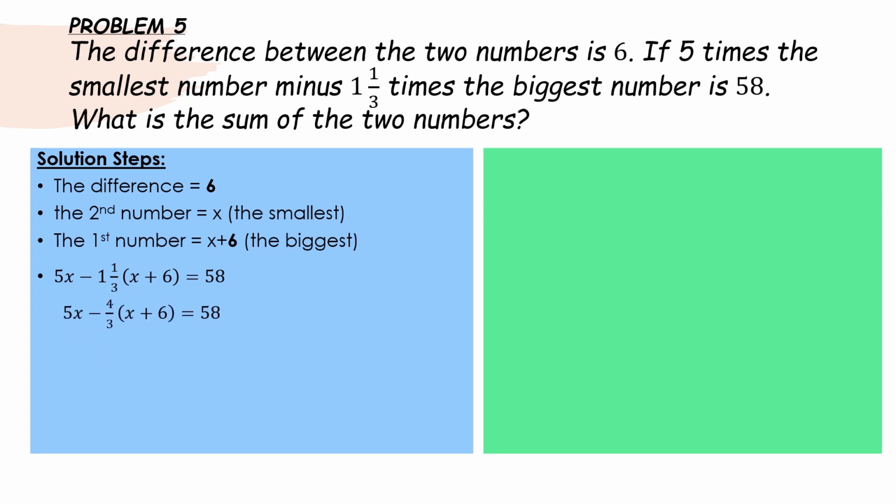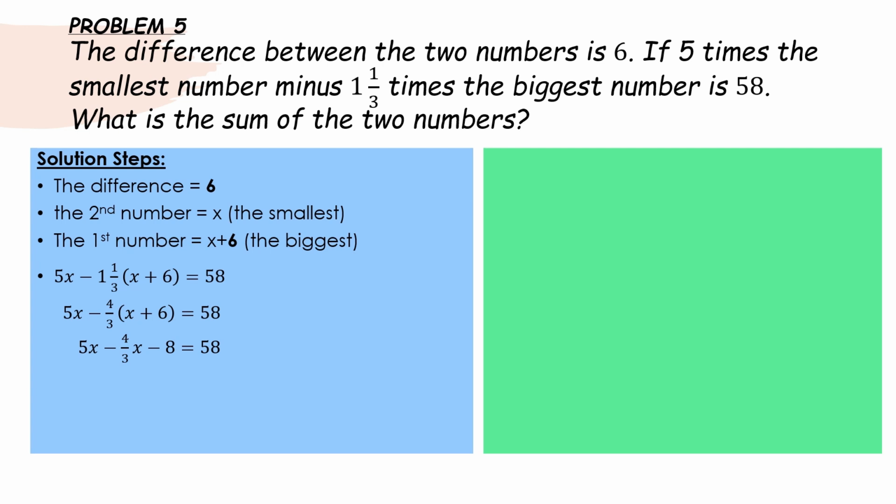Then we can change the mixed number into an improper fraction. So here we have 4 over 3. And then we can apply the distributive law to the terms inside the parentheses. And then here we have 5x minus 4 over 3x minus 8.